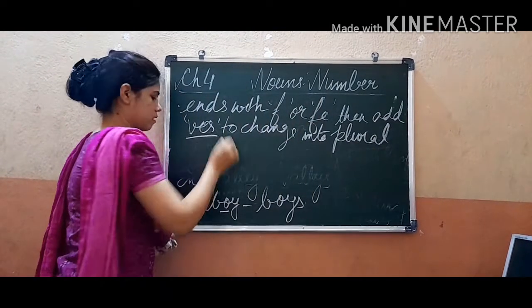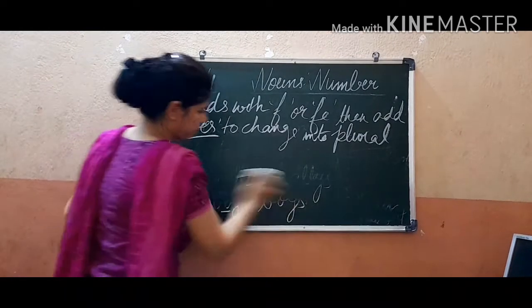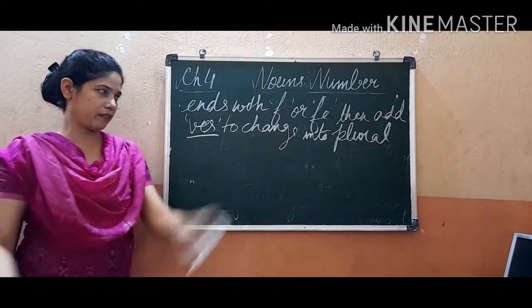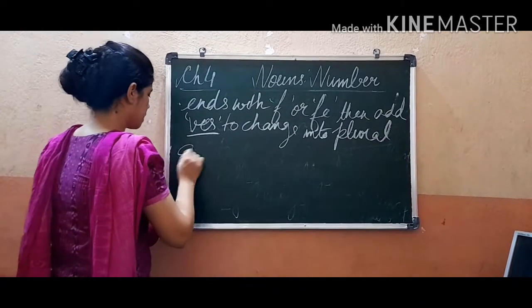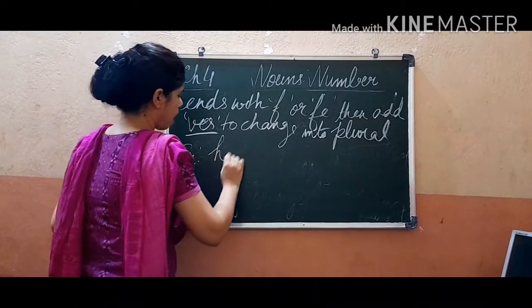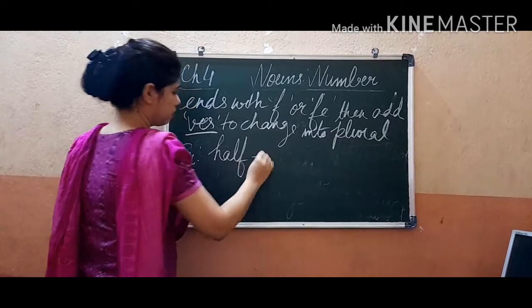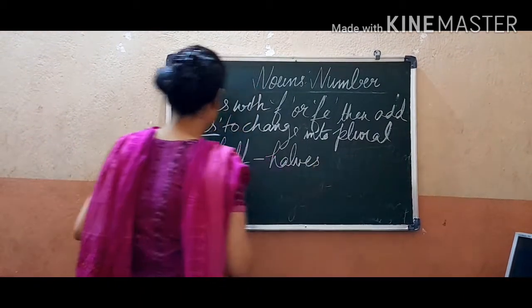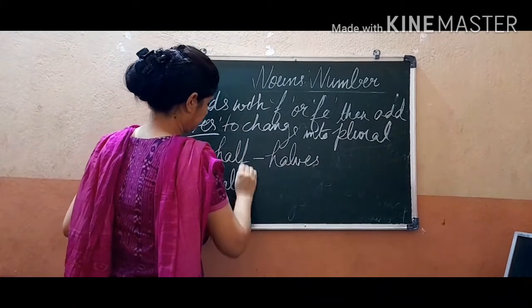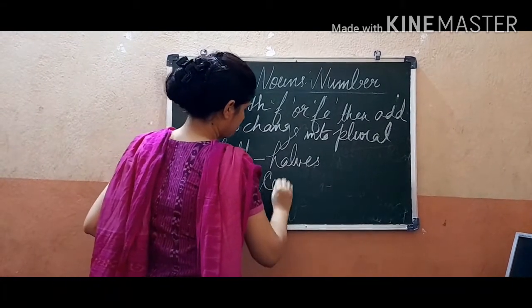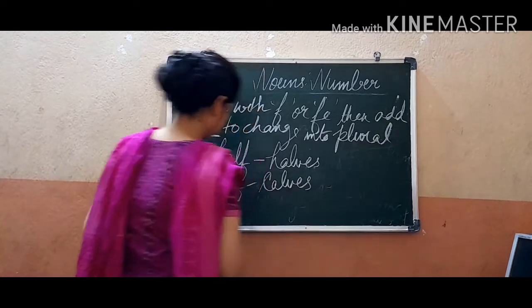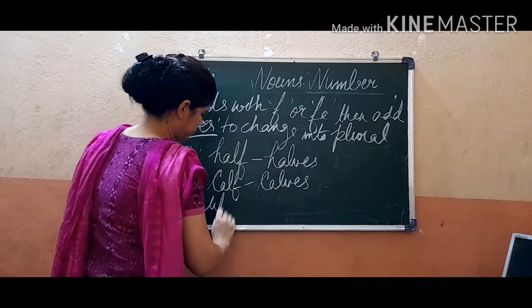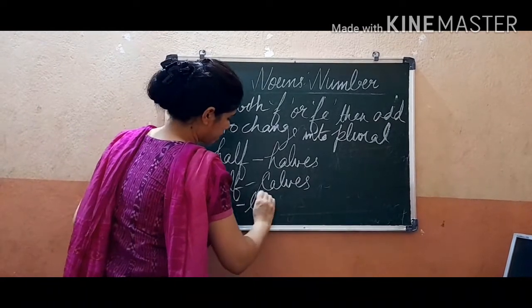For example, half will change into halves. Calf will change into calves. Life will change into lives.